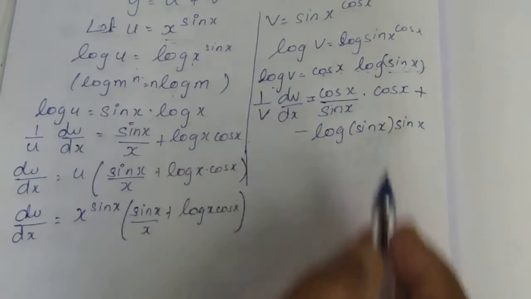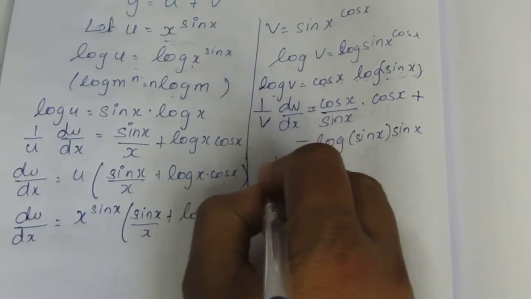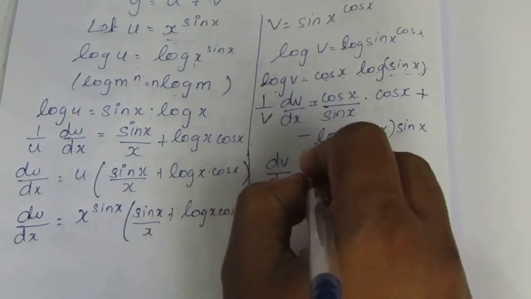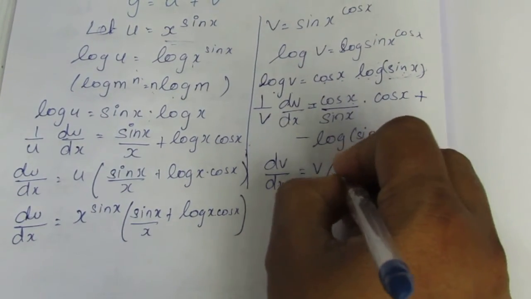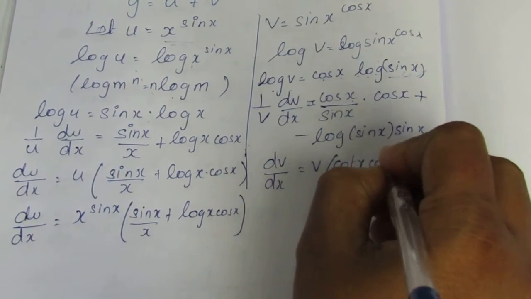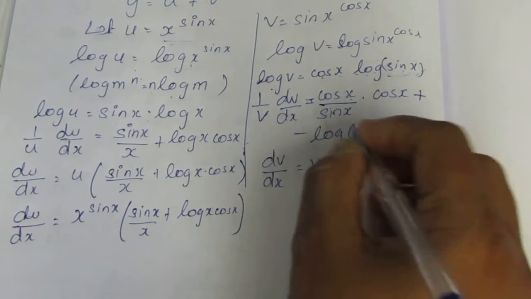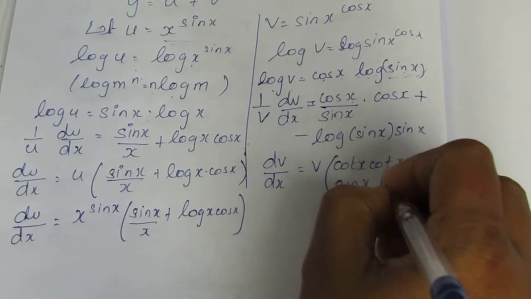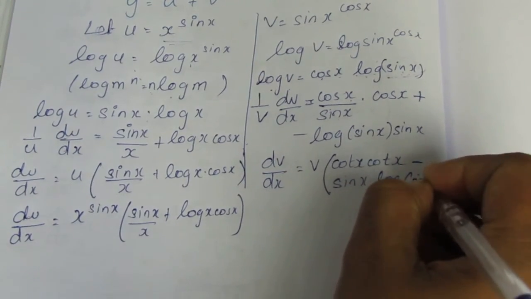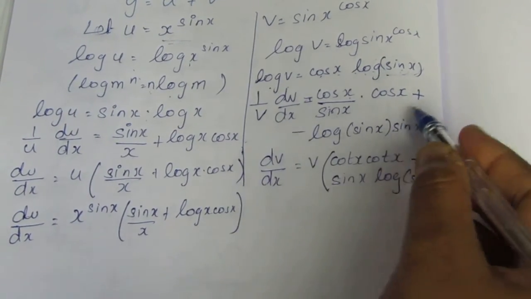Now bringing v to this side, it comes as a multiplier. dv by dx is equal to v into, here it becomes cot x, so cot x cos x minus sin x log sin x. Plus into minus will become minus.